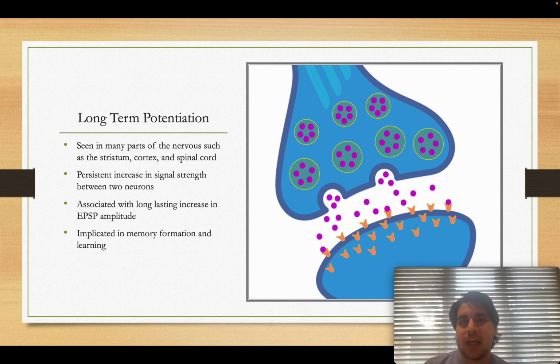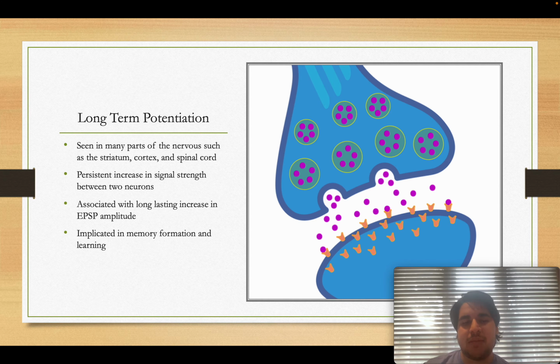So basically, if one neuron keeps on firing and activating another neuron, eventually the brain or the body recognizes that these neurons are activating each other frequently, and the next time that neuron fires, it actually makes it easier to activate the other neuron.